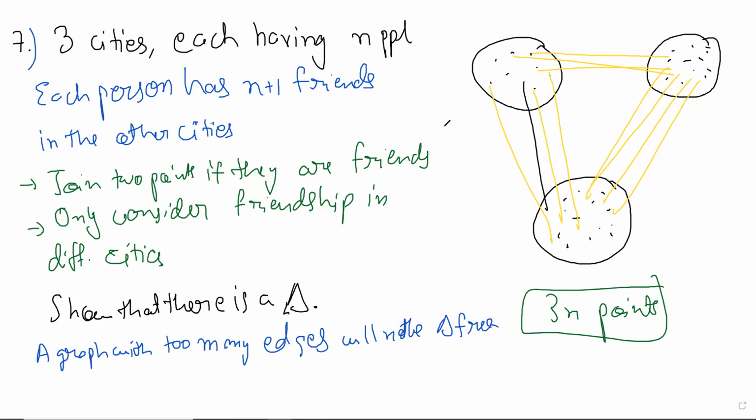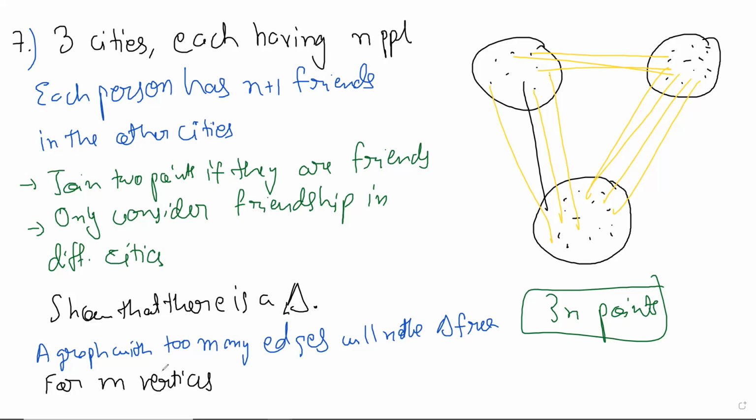So what is that too many? For m vertices, what is the too many? That is very simple to prove. Just take some small graphs, a graph of size 4, 5, obviously not 2, 3, and see how many edges you can fit in the graph without creating a cycle and see what you get.